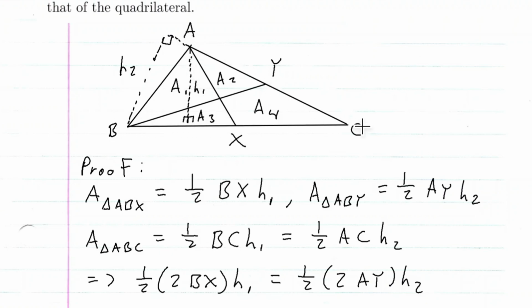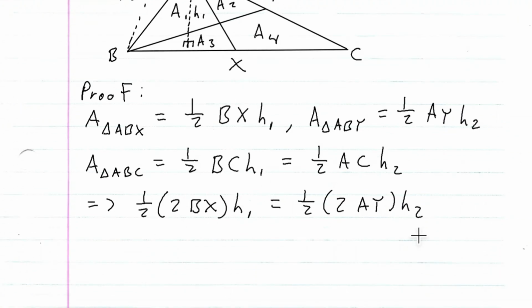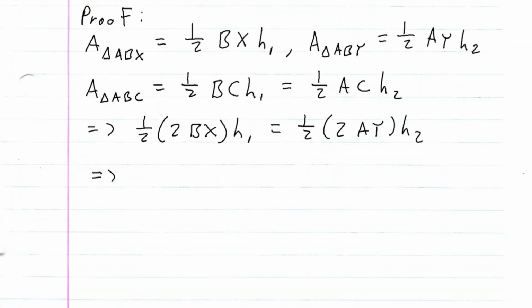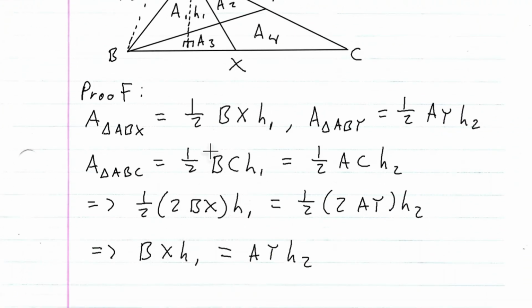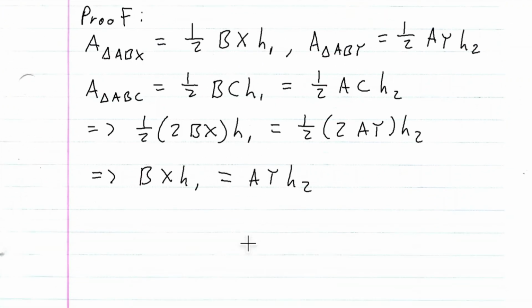This implies that BX times H1 is equal to AY times H2. Remember, I wanted to prove that the area of triangle ABX is equal to the area of triangle ABY. I'm really close, but I need to multiply both sides by 1/2.